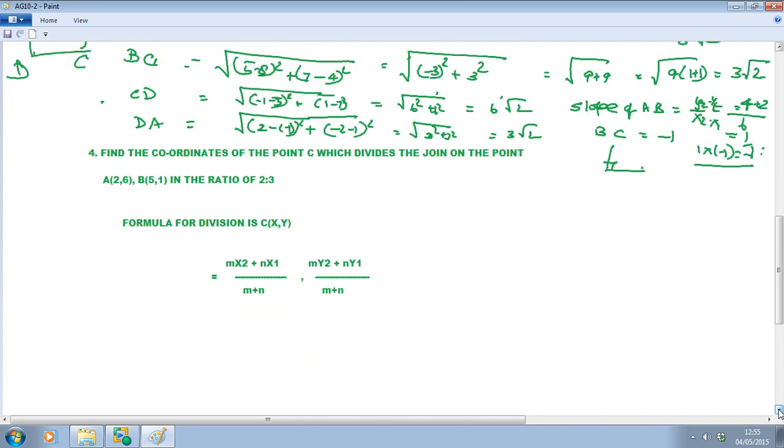Next problem. Find the coordinates of the point C which divides the join of the points A (2, 6) and B (5, 1) in the ratio of 2:3.